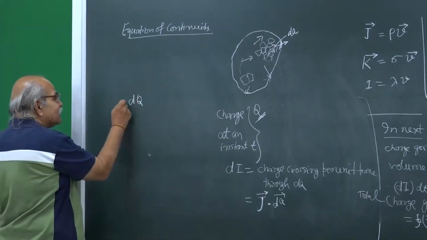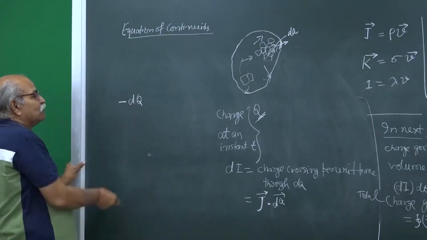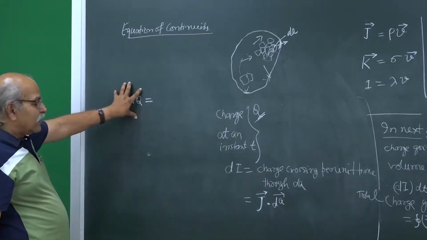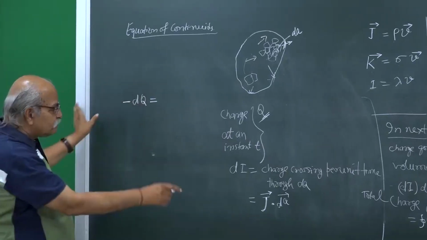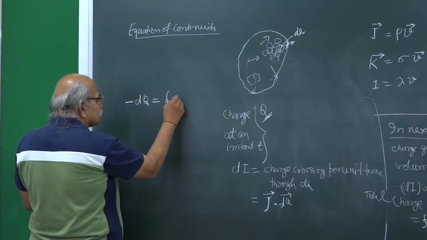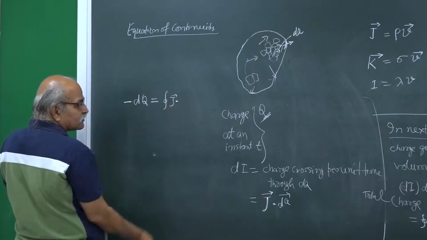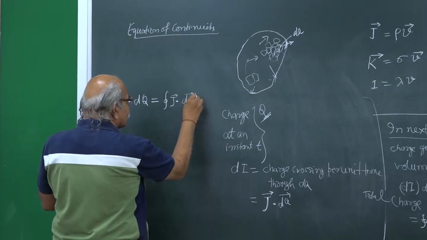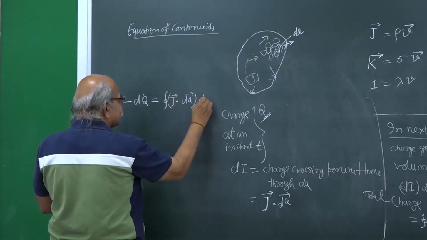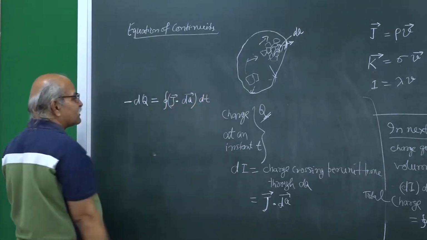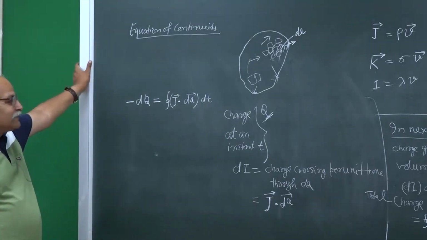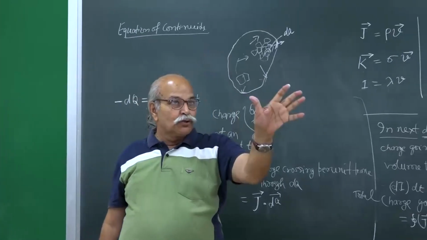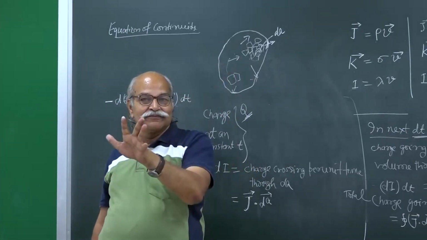Since it is decreasing, dq itself is negative. So minus dq is equal to this much charge that has gone out: the integration of J dot dA and then dt. That is the change in q.